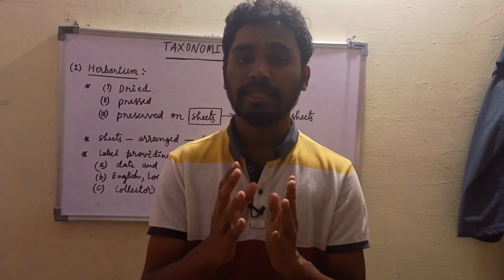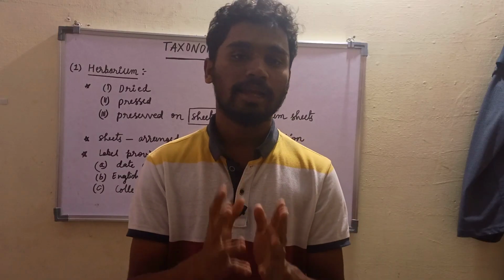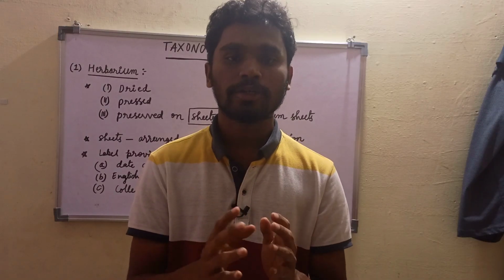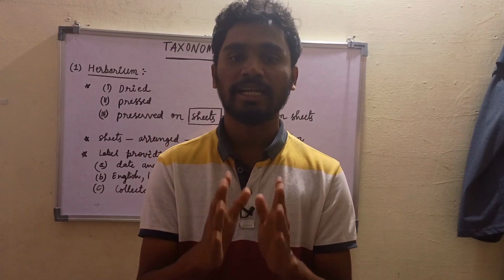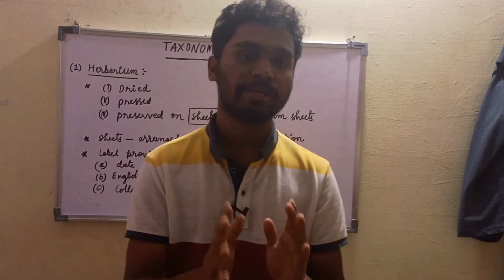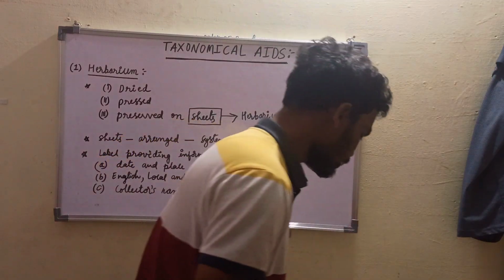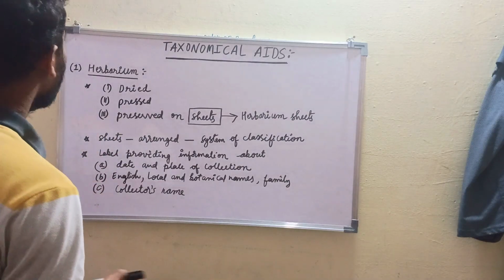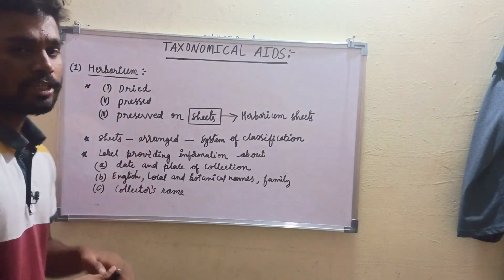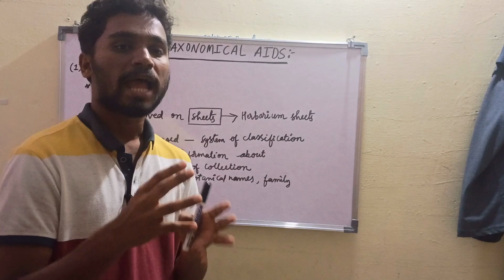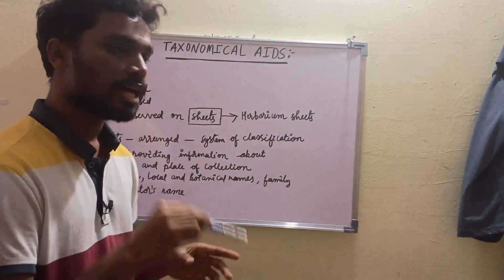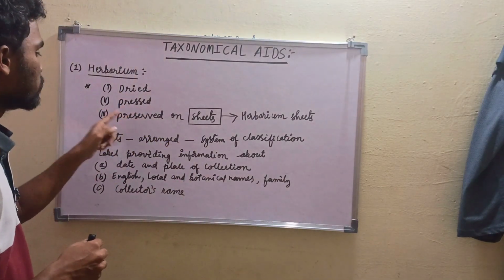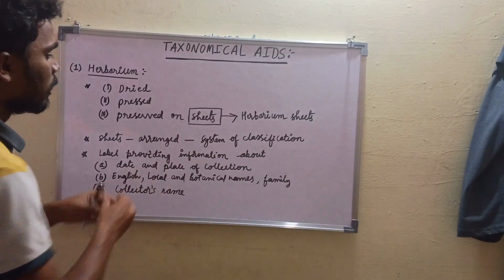In that, we are going to learn about many taxonomical aids. First one is herbarium. So let us see what herbarium is. Herbaria are the storehouses of plant specimens which are dried, pressed and preserved on sheets.